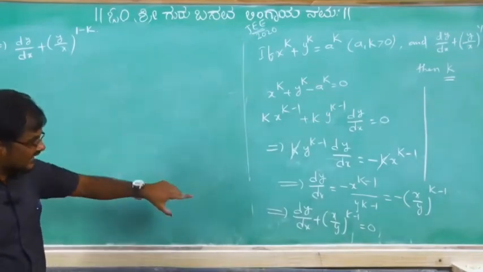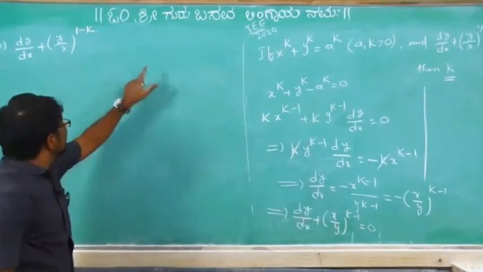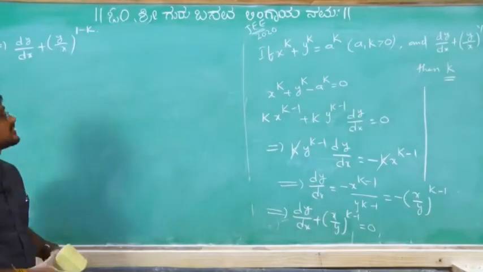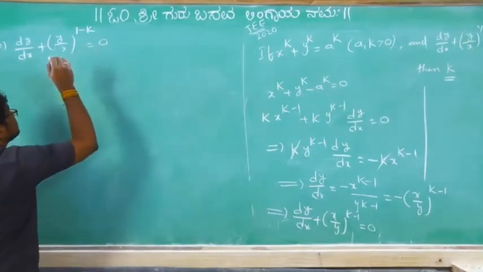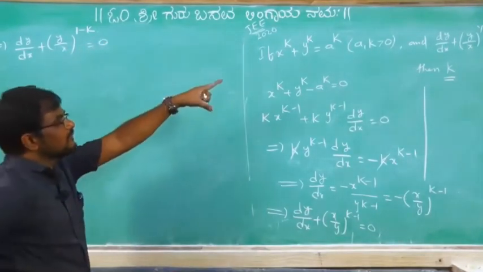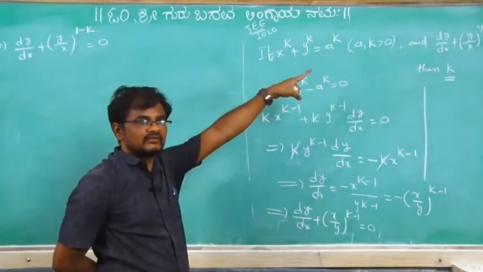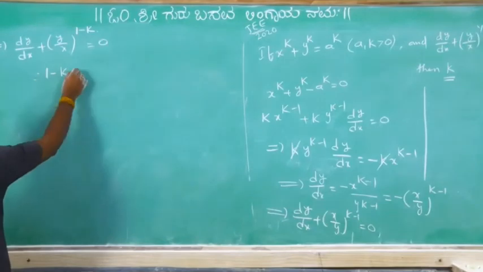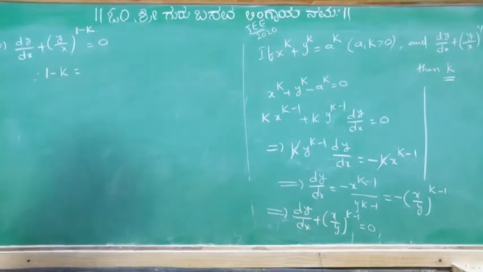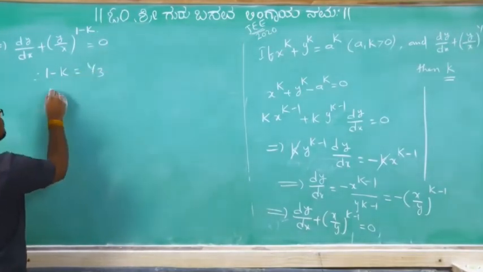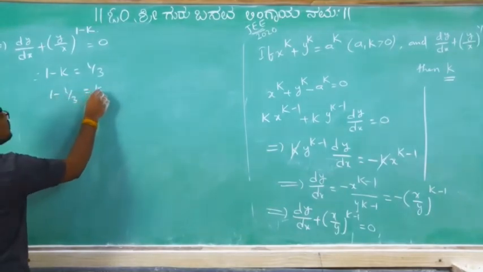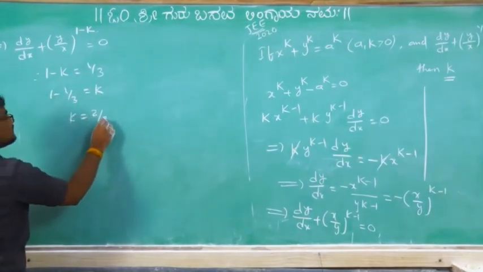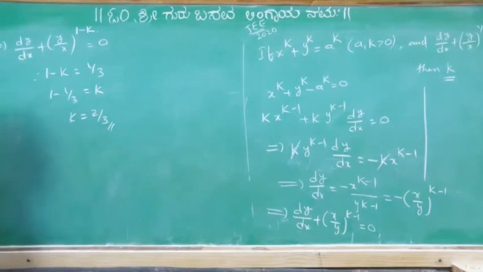So I taken reciprocal, so k minus 1 becomes 1 minus k equal to 0. So compare this one with the given condition. Now in place of 1 minus k, what is there? 1 by 3. 1 minus 1 by 3 equal to k. Now k equal to 2 by 3.